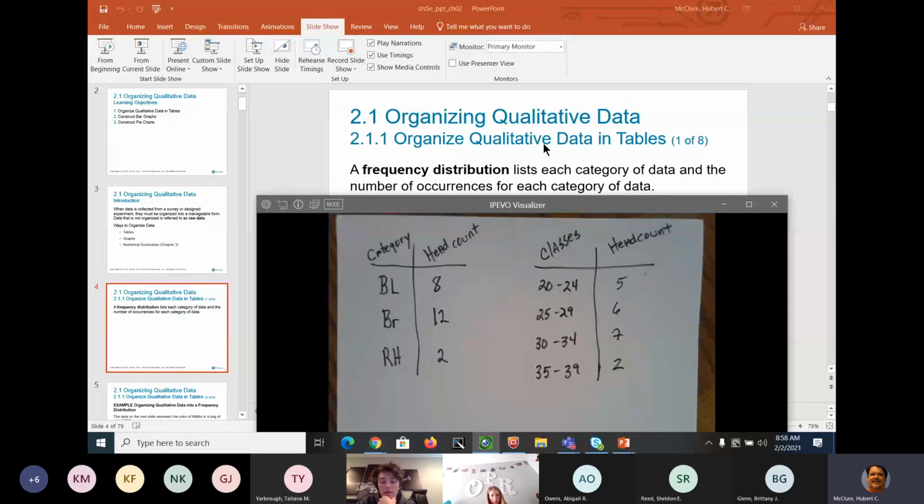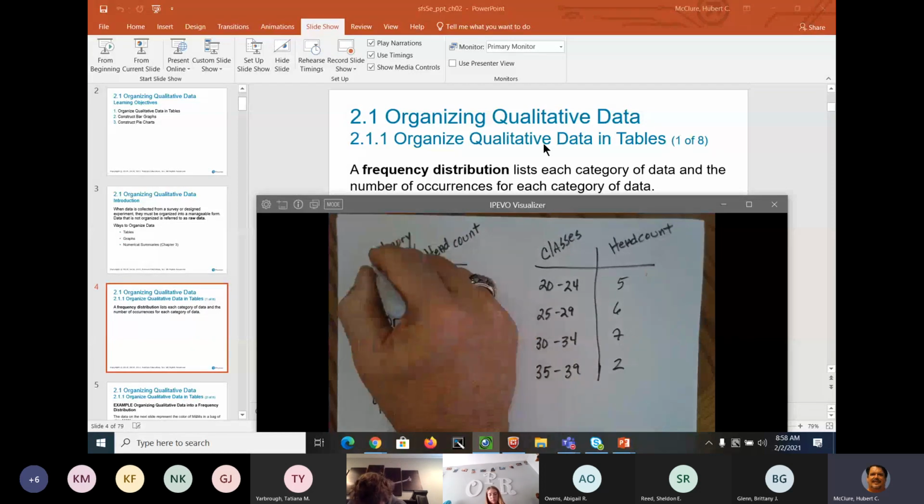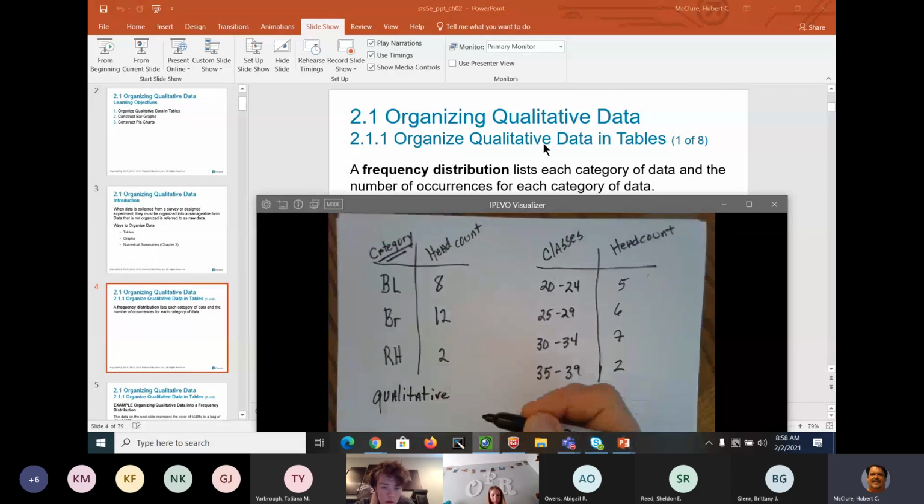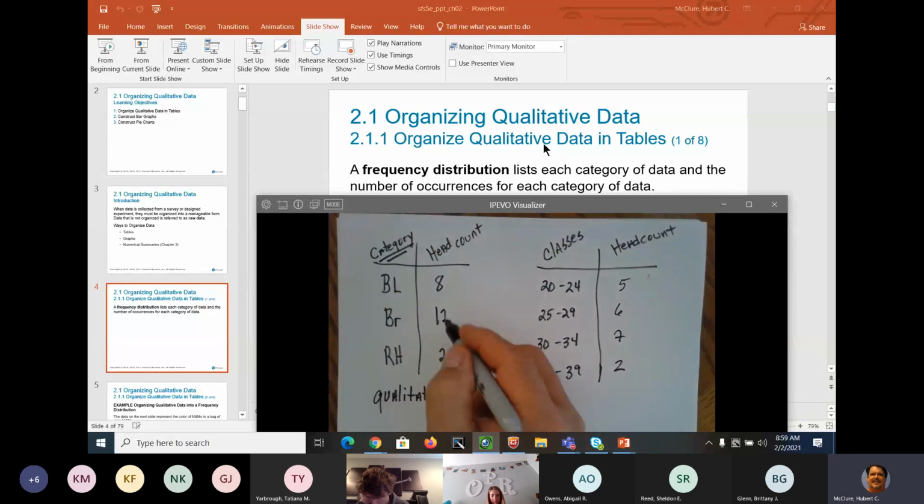Qualitative? Exactly. This is a qualitative frequency distribution. Why is it qualitative? Because here you have what? Categories. Thank you, class. So on this side, we have a qualitative frequency distribution.